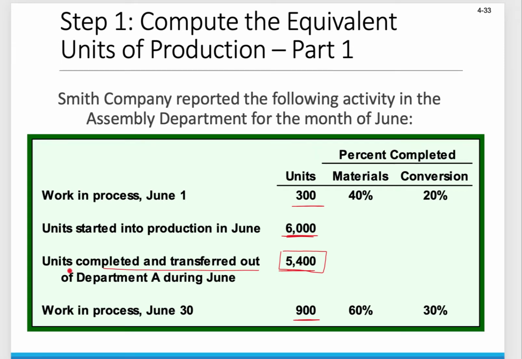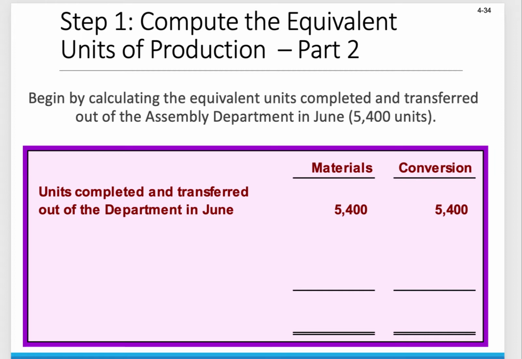Okay. So the first component is to calculate those equivalent units that were completed and transferred out. We have those 5,400 units. Second thing we need to do is identify the equivalent units of production in ending WIP with respect to material.